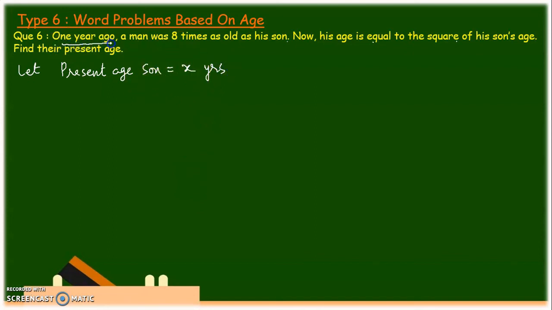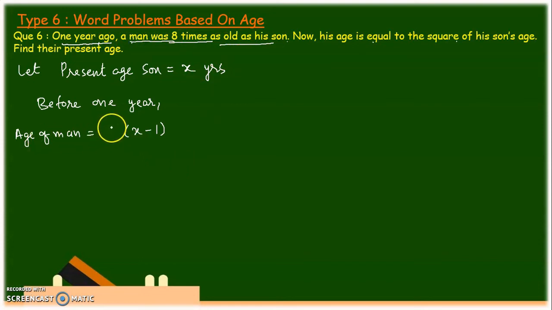Now 1 year ago, so before 1 year, the son's age will be x minus 1, and the age of the man will be, it is given that the age of the man before 1 year is 8 times his son's. So age of man will be 8 times x minus 1. So the age of the man before 1 year is 8x minus 8.